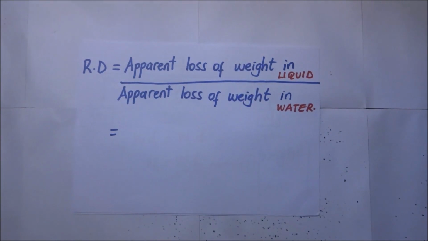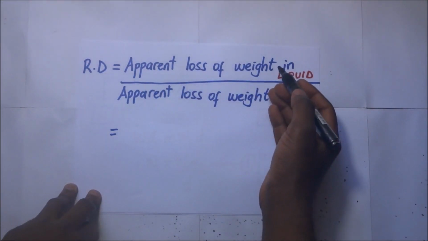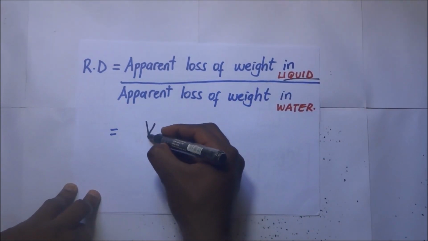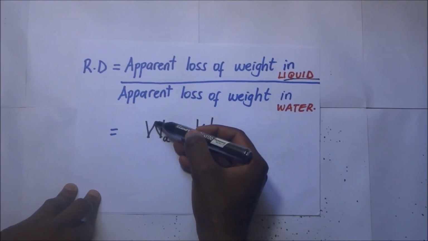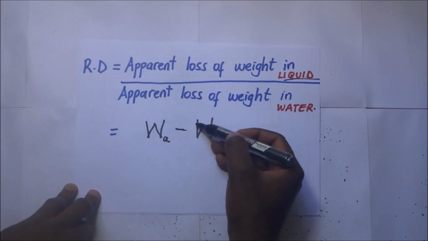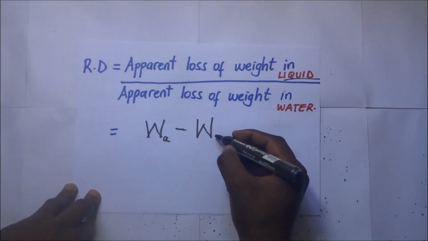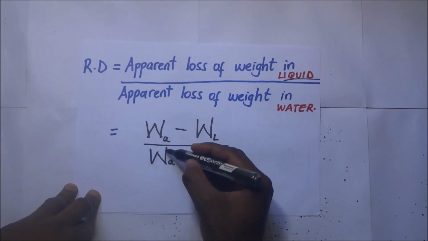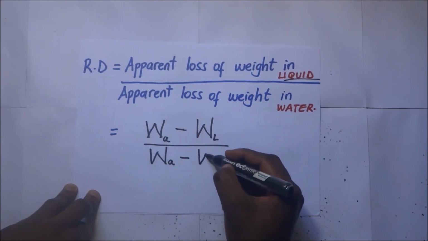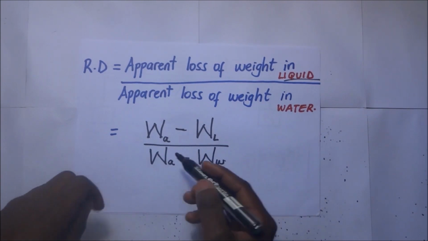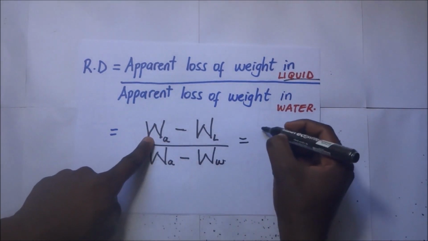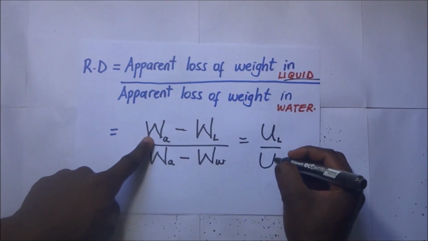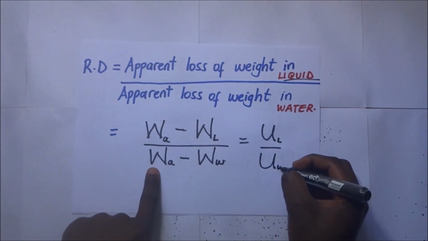And if I may use abbreviations here, the apparent loss of weight of a solid in the liquid is the weight of the substance in air minus the weight of the sinker when it is in the liquid, divided by the weight of the sinker in air minus the weight of the sinker when it is in water. This difference in weight is the same as saying the upthrust experienced by the sinker when it was in the liquid, divided by the upthrust experienced by the sinker when it was in water.